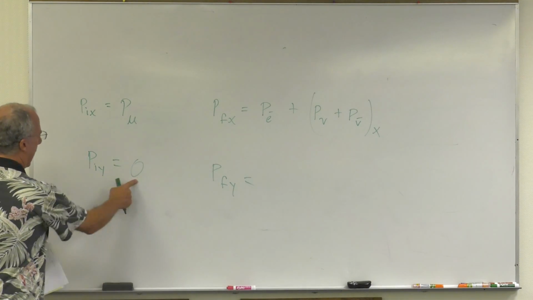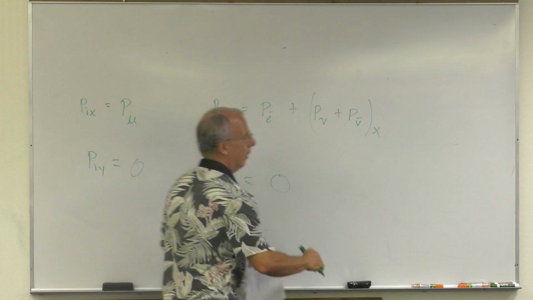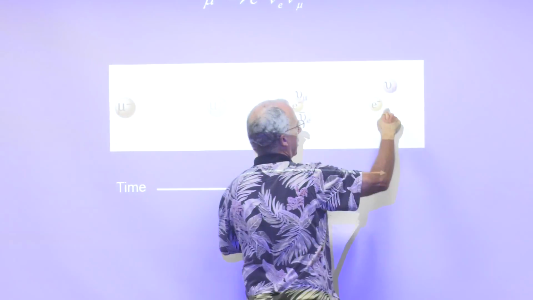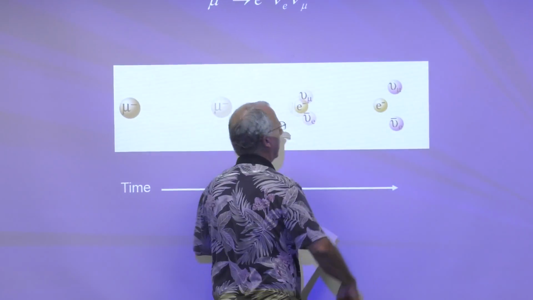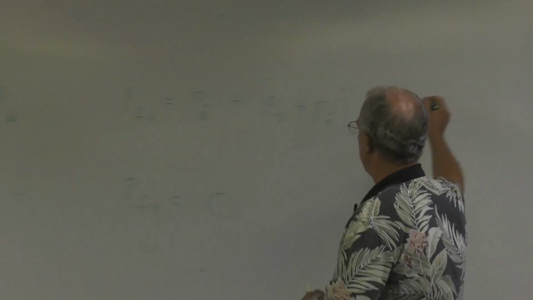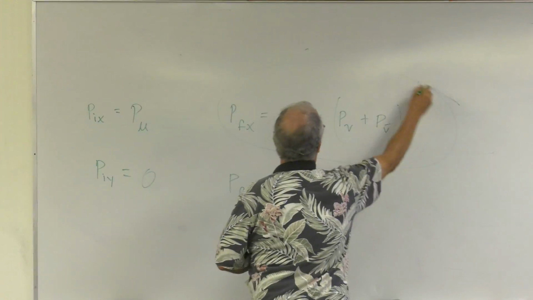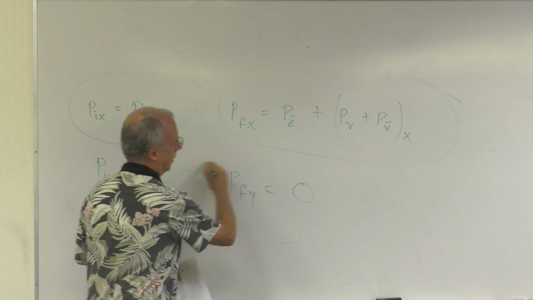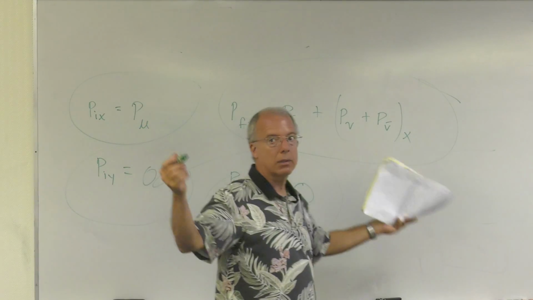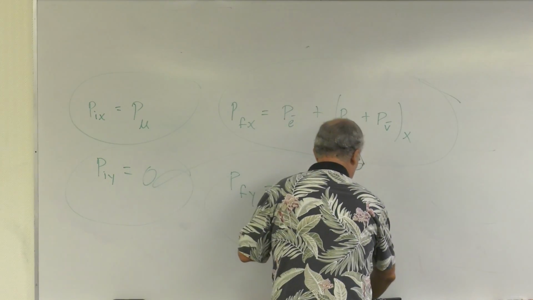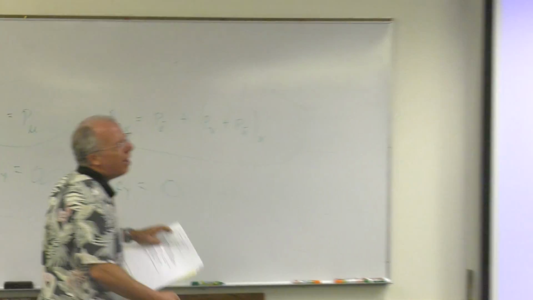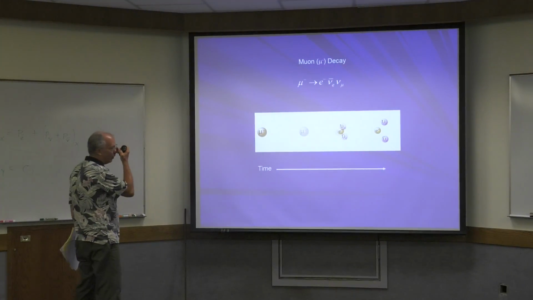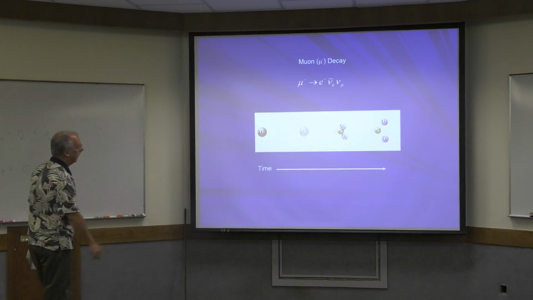That has to be 0, so the y momentum of this guy has to cancel the y momentum of that guy. So this has to equal this, and that is equal to that. And that's how it works. In nature, momentum is really, really conserved, even on this tiny scale.